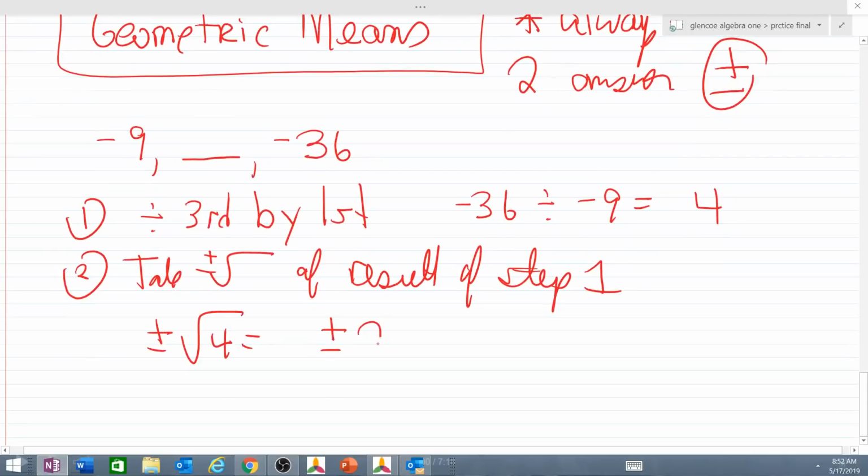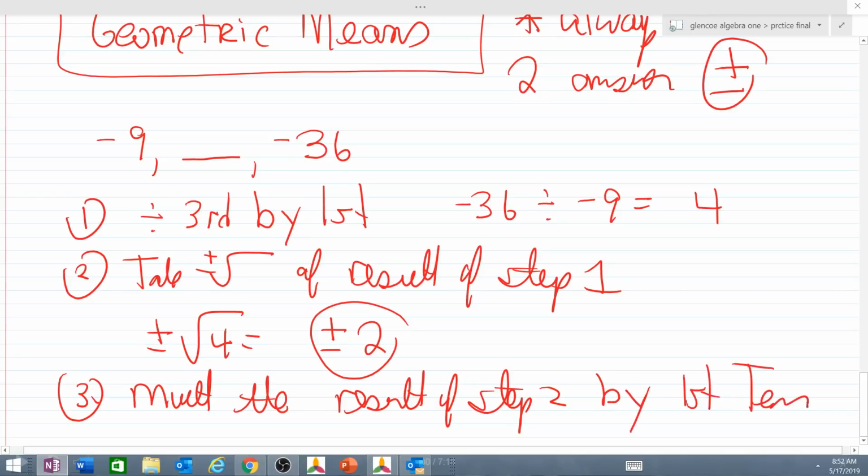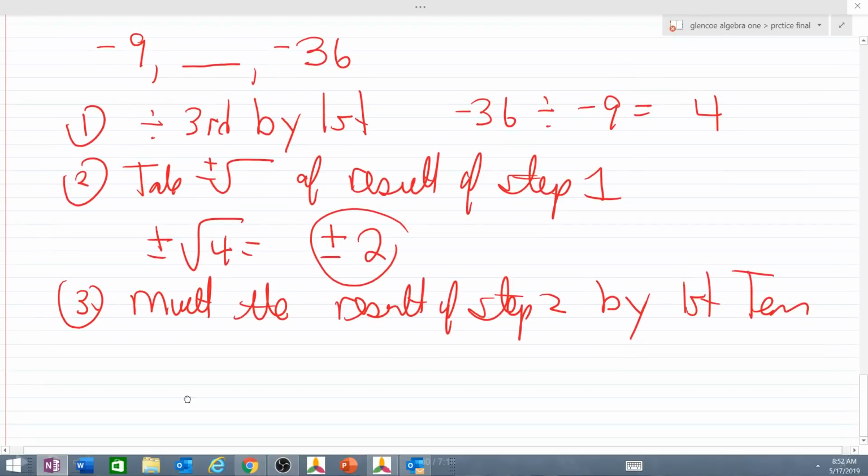Plus and minus 2. And then step 3: multiply the result of step 2 by the first term. So it's going to look like this. -9 times plus and minus 2 is going to give me plus and minus 18.